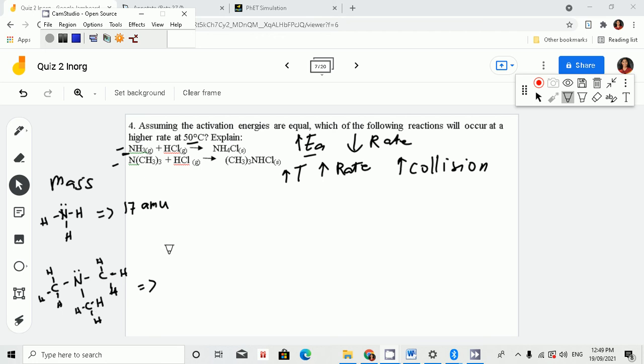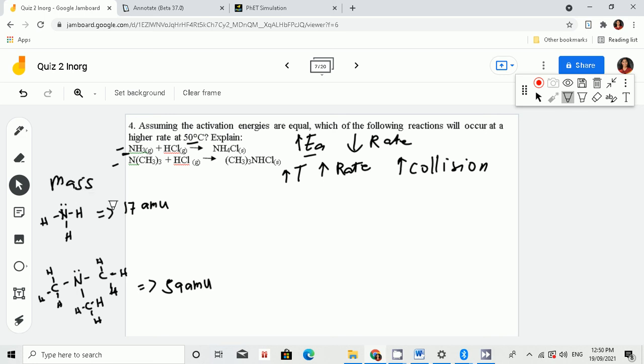We have 9, so the atomic mass is 59 atomic mass units. So ammonia is lighter than trimethylamine, so trimethylamine is heavier.